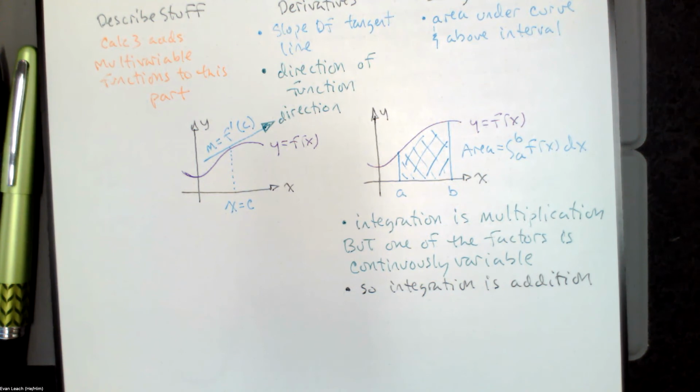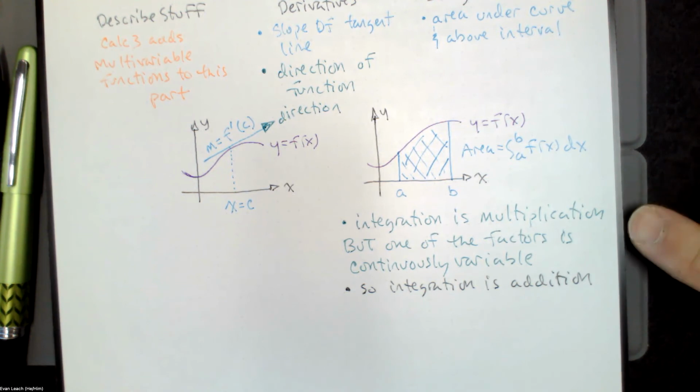It's about understanding what this is about. It's about understanding the thinking that goes behind this stuff. Integration is multiplication, but one of the factors is continuously variable. This is why we should spend less time in math class picking out more examples than we need. When we look at applications of integration, since integration is just multiplication, applications of integration are just applications of multiplication.